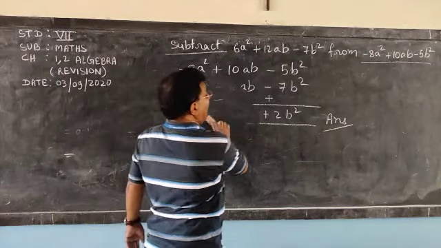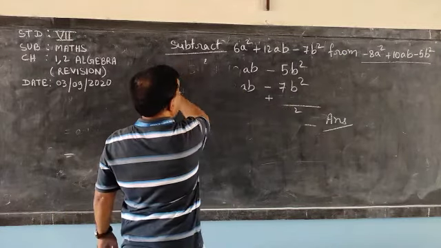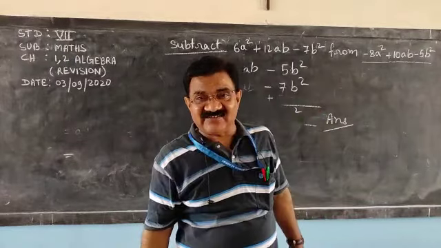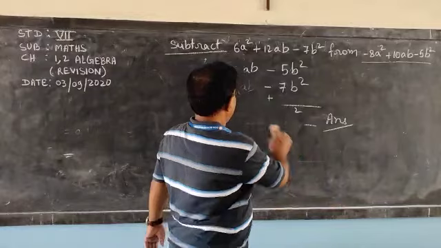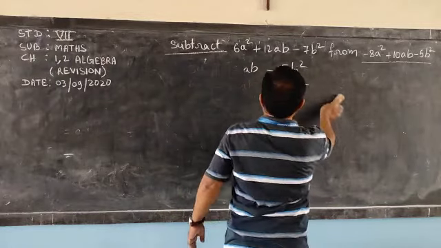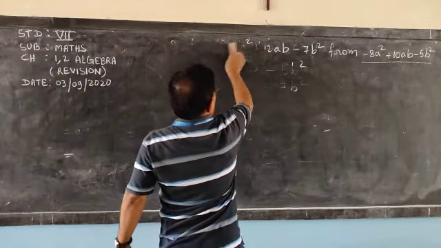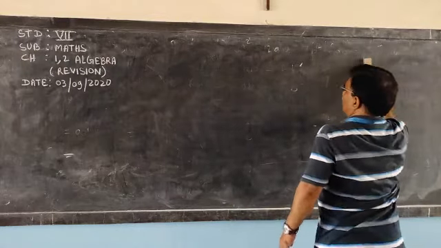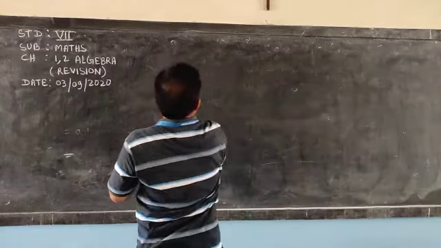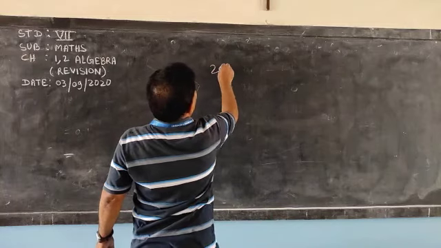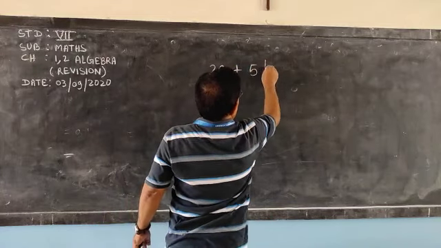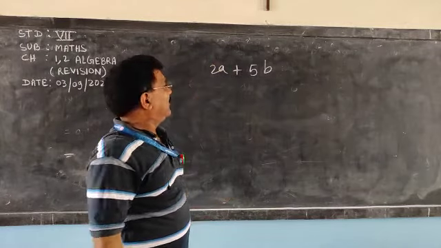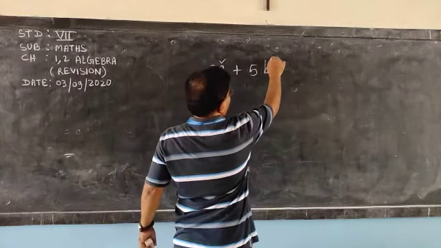Dear children, addition and subtraction are possible only between like terms. Okay. In unlike terms, there can't be any subtraction or addition. See one example. If I am writing 2a plus 5b, what will be the answer? The answer will remain the same because this is a and this is b.